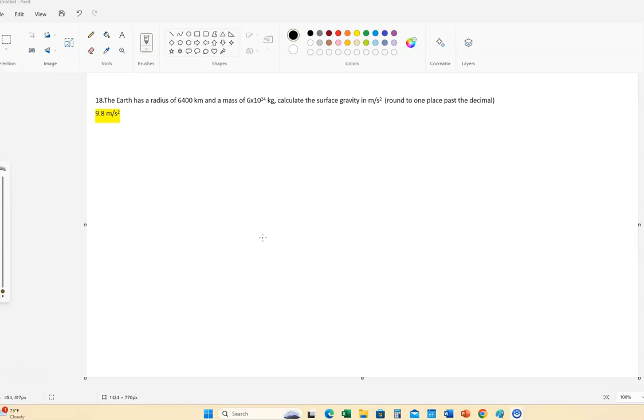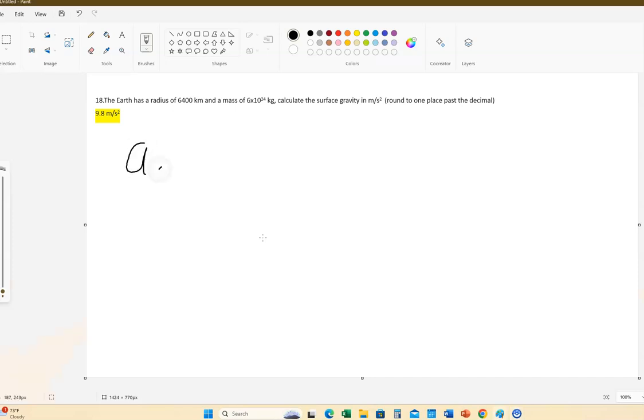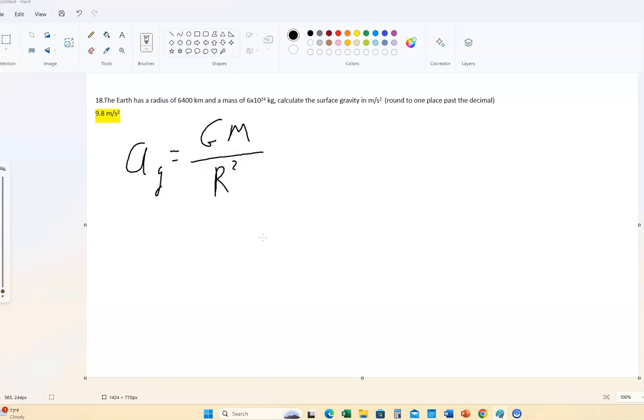And of course, that value is 9.8 meters per second squared. All right, so the acceleration due to gravity is equal to big G times the mass of the object, in this case the Earth, divided by the radius of the Earth, squared. All right. The only thing is the radius of the Earth has to be in meters, right? So that's pretty simple.